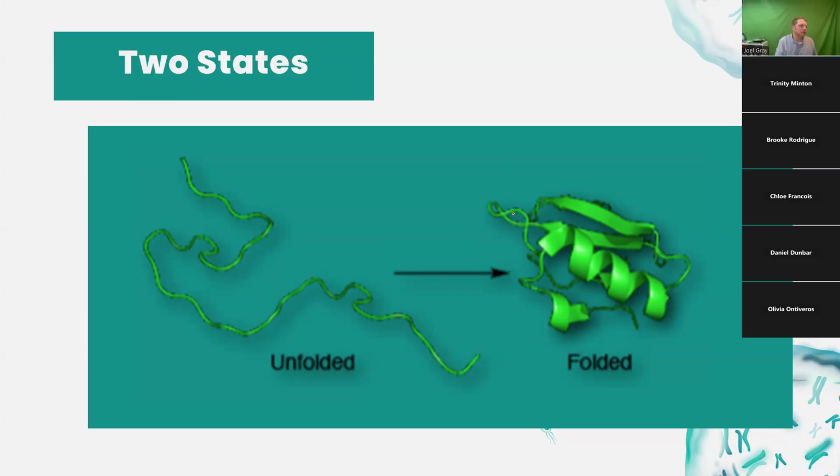In addition to that, notice with this one, there's no organization, there's no structural elements to it. Whereas in our folded state, this is also known as a native state. That's where you actually see secondary structural elements like alpha helices and beta sheets. And then, in addition to that, random coils. So RC for random coils, and then alpha helix.